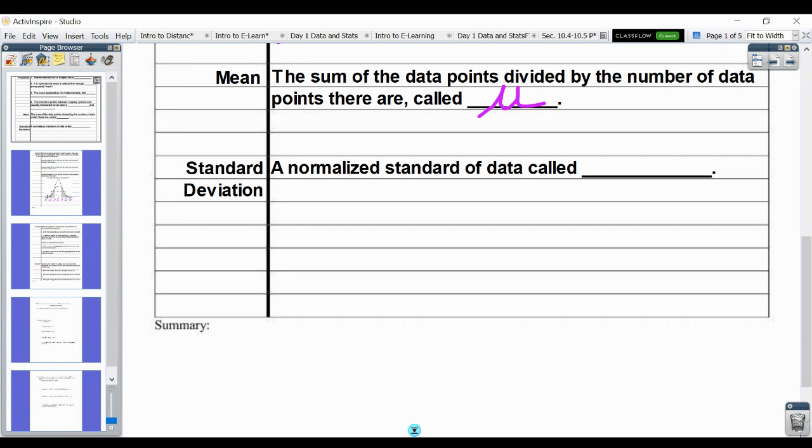And then a standard deviation is a way to normalize the data set because you could be talking about someone's height. You could then go to talking about someone's weight. This is a way to normalize just a bunch of data sets, even if they have different units of measurement. So we call a standard deviation sigma, and it looks like a circle with a tail coming out of it.